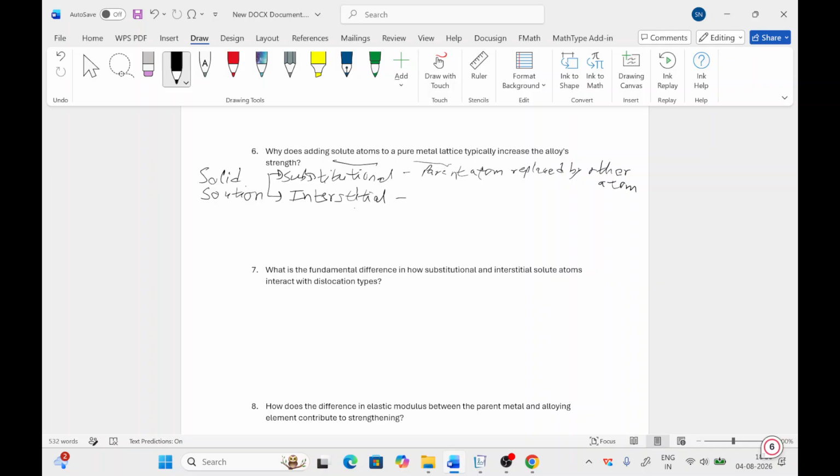But in interstitial, the pure metal lattice is the same as before, but in the spaces between the parent metal lattice, these interstitial atoms sit. Means if these are the aluminum atoms, then at this space in between the four atoms, the interstitial atom sits here. So that's why it's called interstitial, and this site is the interstitial site.